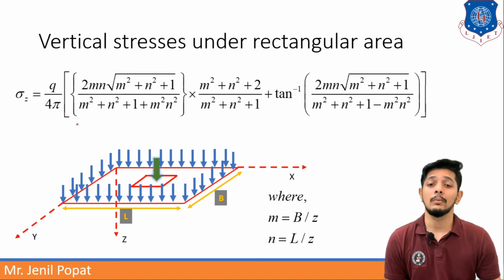Now, if we talk about the formula, sigma Z is given by this big wide formula, that is Q by 4 pi into bracket, and in another bracket 2mn under root m square plus n square plus 1 upon m square plus n square plus 1 plus m square n square bracket over into m square plus n square plus 2 upon m square plus n square plus 1 plus tan inverse into bracket 2mn under root m square plus n square plus 1 upon m square plus n square plus 1 minus m square n square bracket over, and the whole bracket is also over.